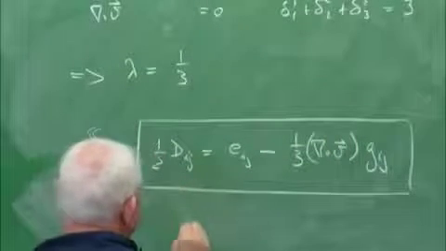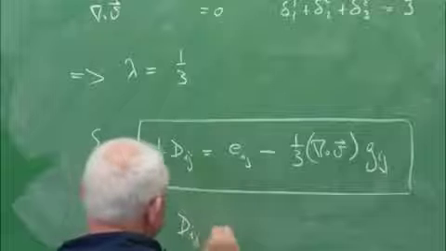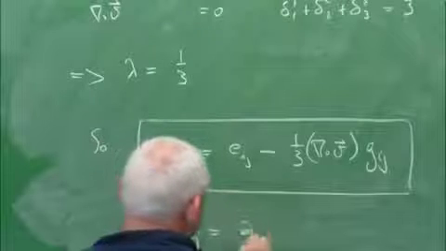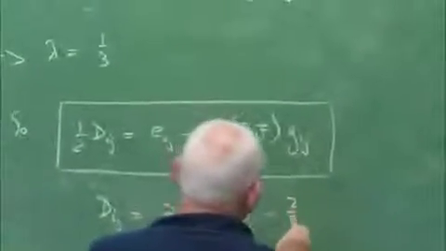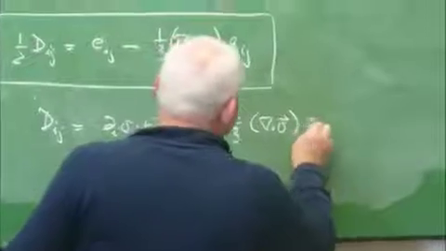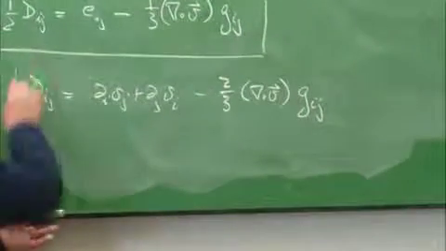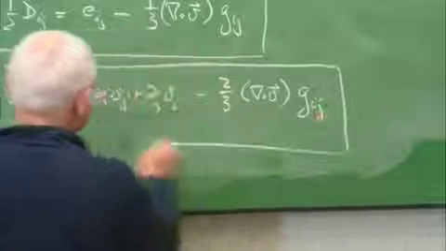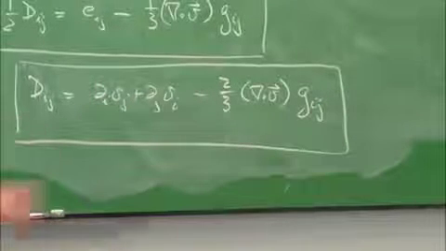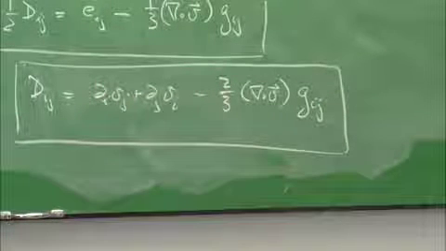If you prefer to rewrite this without the 2 on the left-hand side, then this becomes di vj plus dj vi minus 2/3 and the gij. So this is the tensor that describes pure shear.